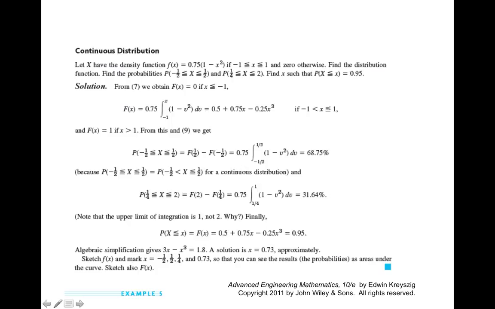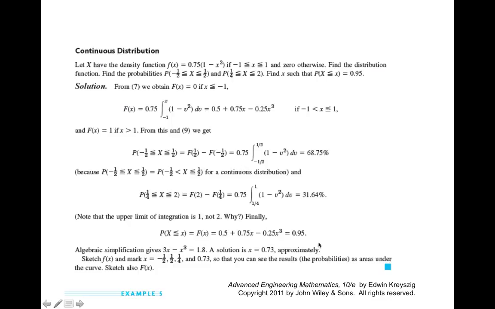So if we were to try to calculate the probability that our variable is less than x, and we substitute in, we would get 0.95.